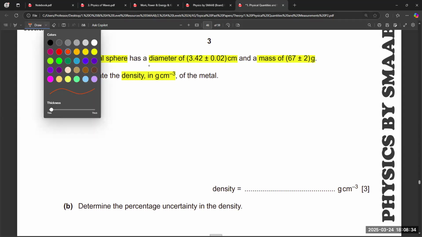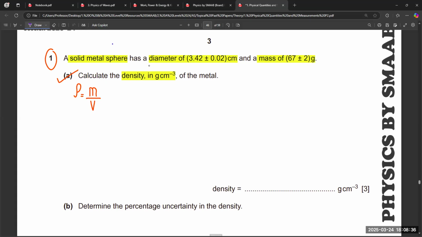So for a sphere, the volume of the sphere is equal to 4 upon 3 pi r cube. So this is the volume of the sphere, 4 upon 3 pi r cube.